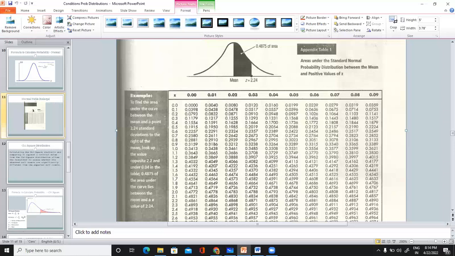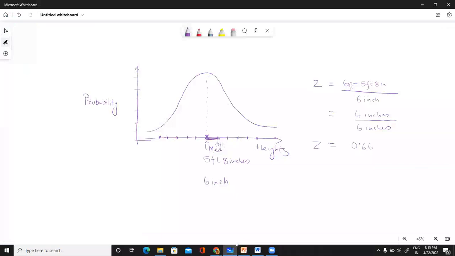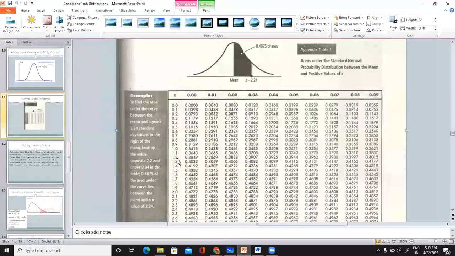So the probability of getting a value between 5 feet 8 inches to 6 feet is equal to 0.2454.